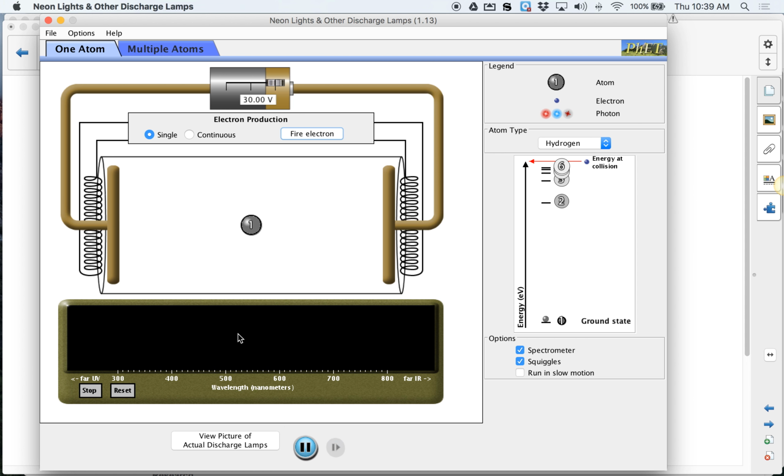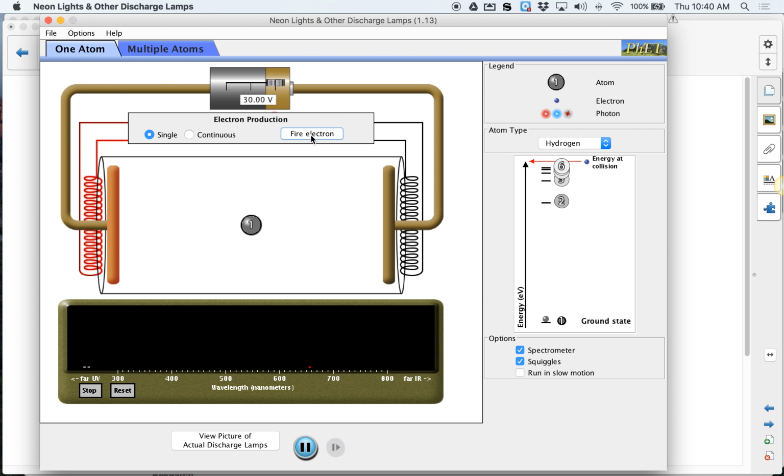So we're going to reset our spectrometer here. We're going to shoot an electron, and we'll see what happens. So it went from 4 to 1, so we see 2 photons that were produced. Okay, we'll shoot another one. So 6 all the way to 1, just 1. 3 to 2 to 1.